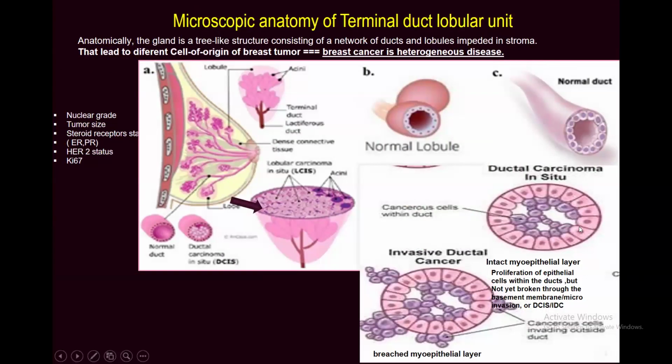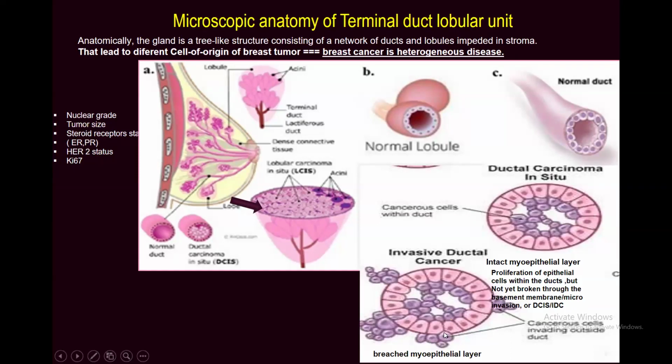Here is the example of cells contained within the duct lumen that do not extend beyond the myoepithelial layer, not breached, intact. But in the other example here, the cells breach the myoepithelial layer and extend into the adjacent breast tissue.